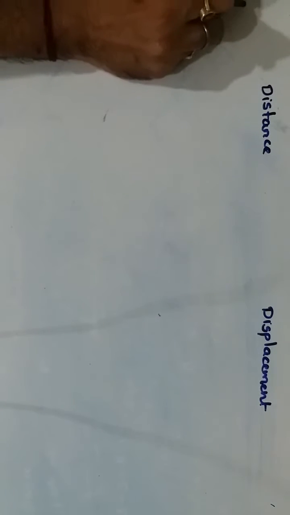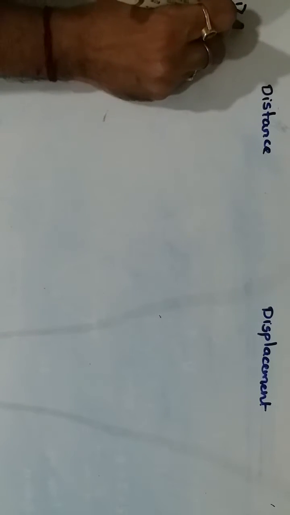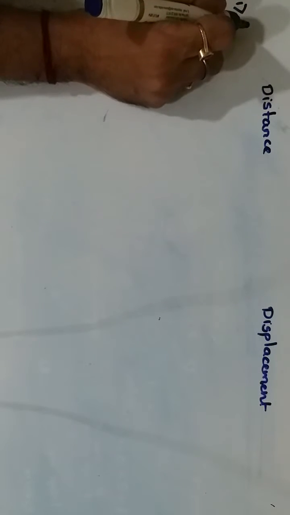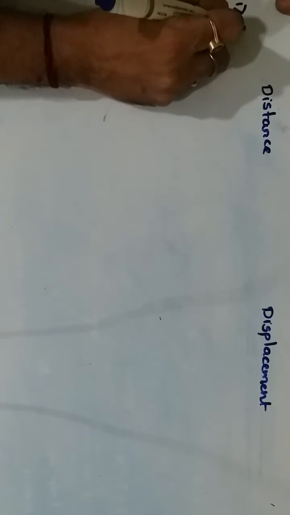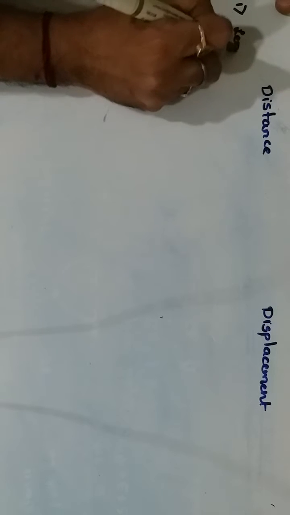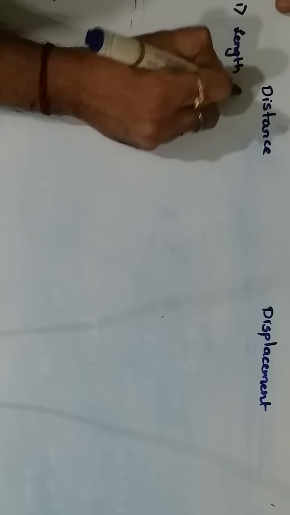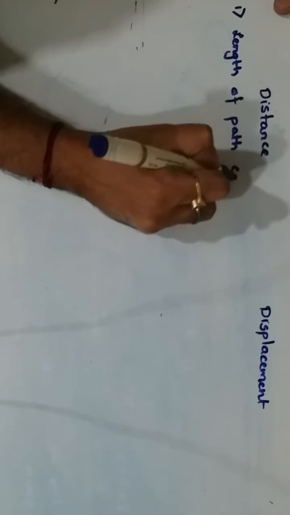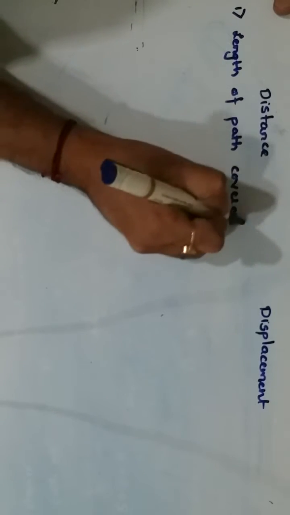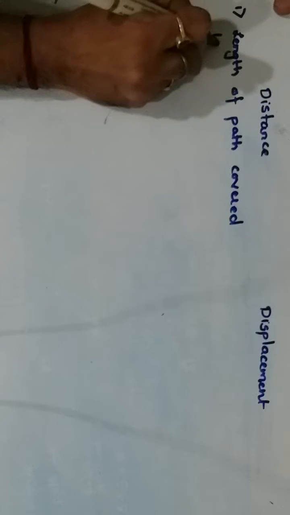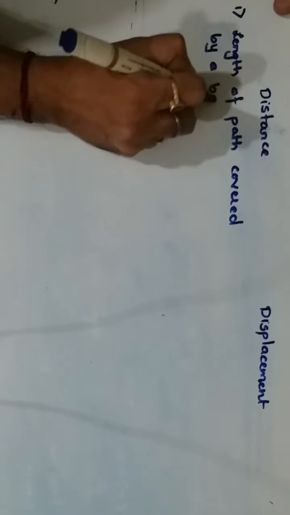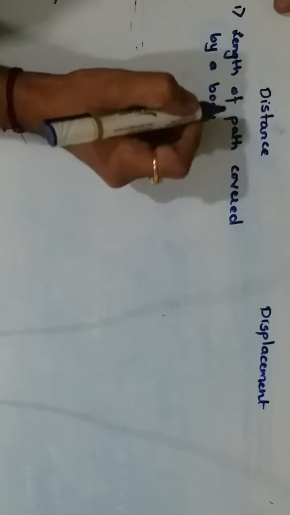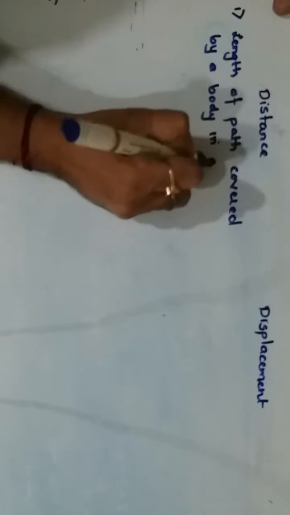The first point was about the definition, that distance was defined as the length of path covered by a body or an object in a certain time.